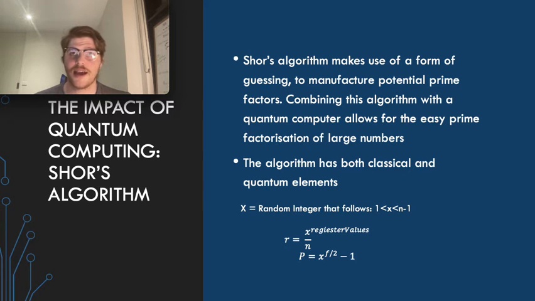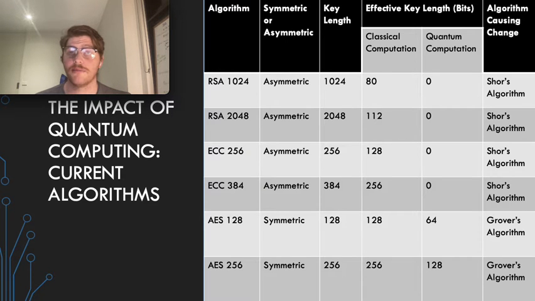Now, the p here is a potential prime factor. To find the other potential prime factor that's related, you can, of course, take the GCD with the inputs of p and n. Now, this doesn't work 100% of the time. It's roughly 37.5% accurate. However, that is still enough to make RSA completely insecure.